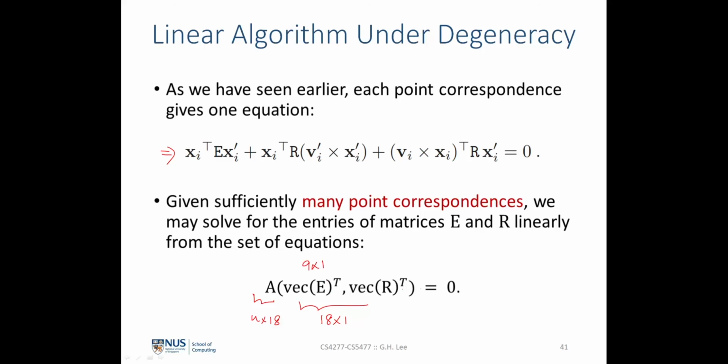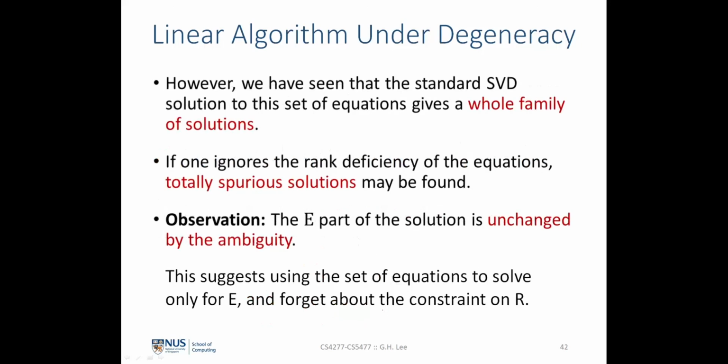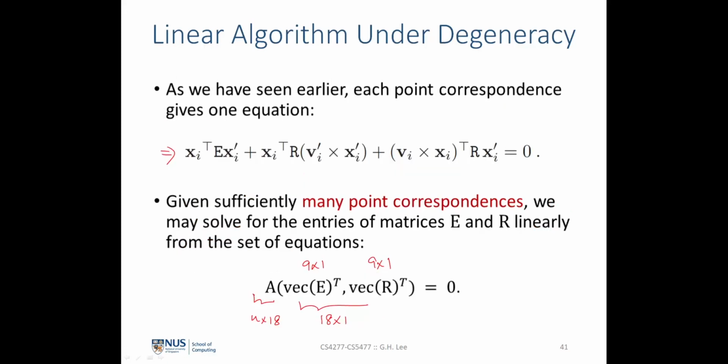The last 9 by 1 vector over here would be made out of the 3 by 3 entries in the rotation matrix. However, we also see that typically under the degenerate cases, if we were to apply the standard SVD to this particular homogeneous linear equation, we'll get a family of solutions which is more than one parameter if the rank falls below 17.